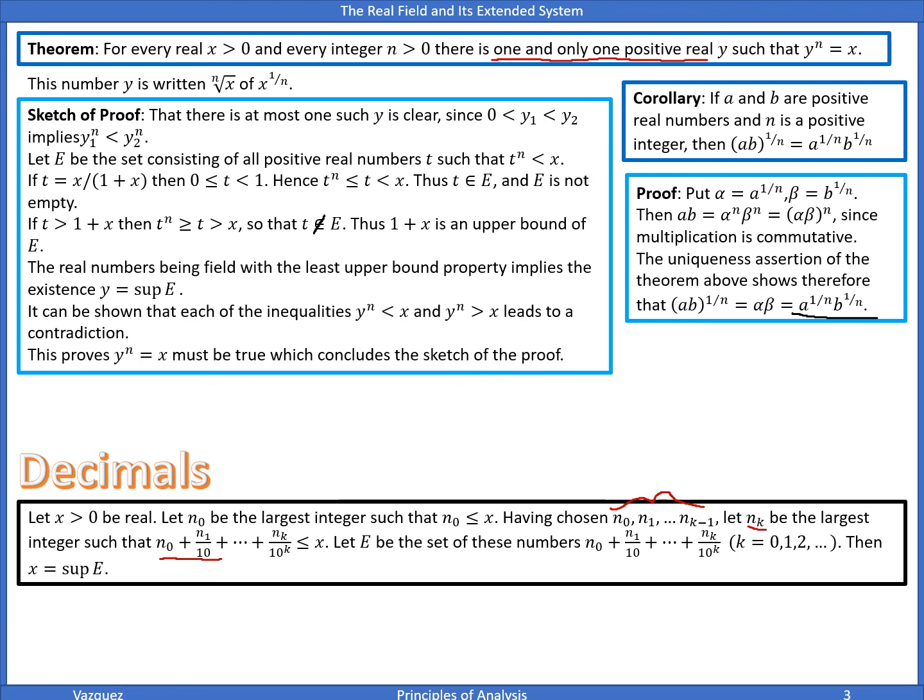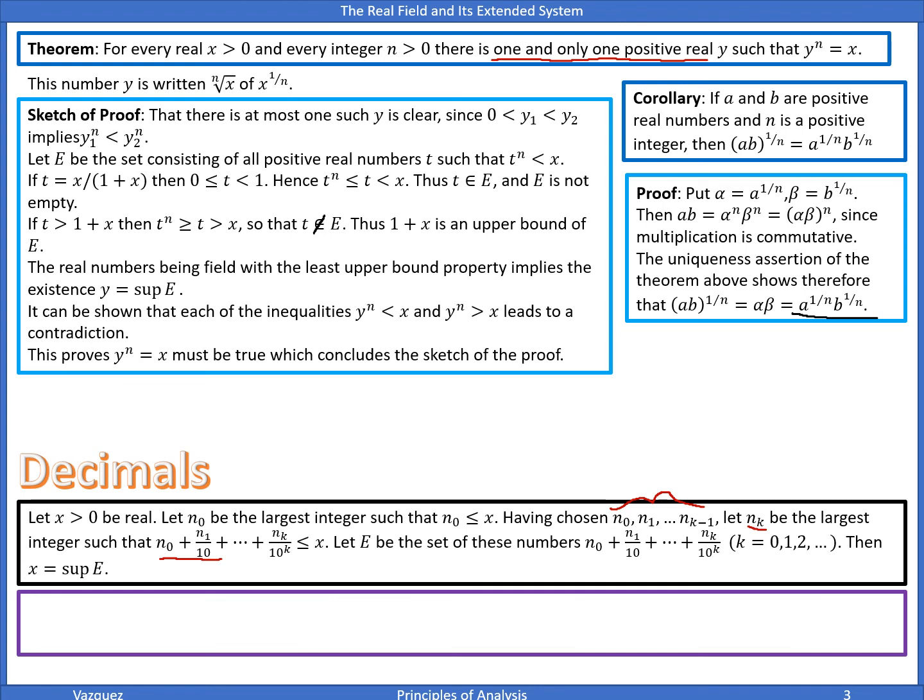And again, maybe you need to take a moment to read it, but I'll go over an example to make this easier. Say, for example, our x was 9.125. Actually, I'm going to write it up here. x is equal to 9.125.